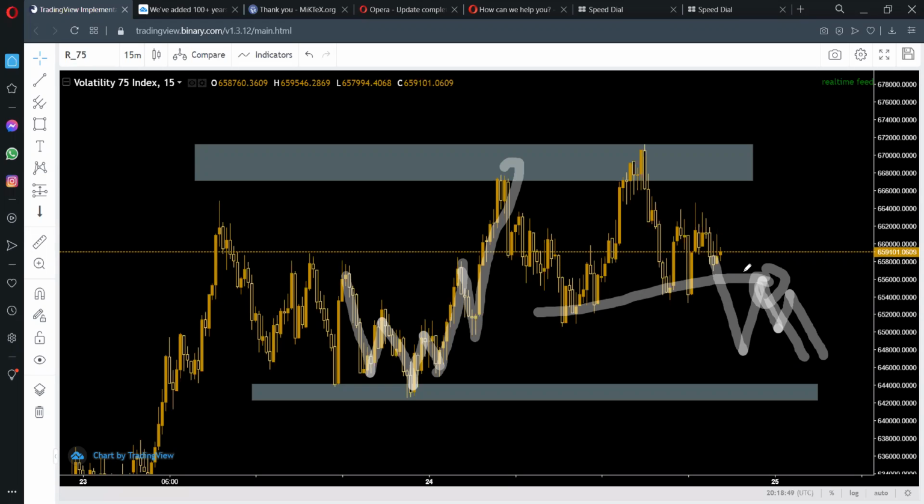The confirmation will come in the form of a double top or double bottom, a certain structure, or some momentum before pressing a trade. If nothing happens, it's better to miss an entry than to take a loss.